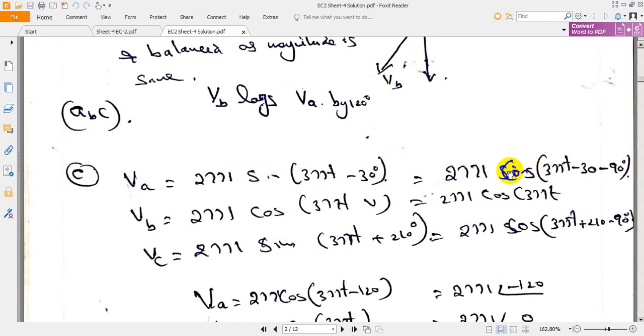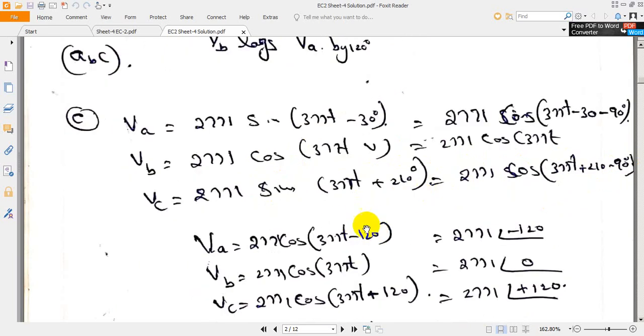So I will write this cos, and it will change to 377 cos (omega t minus 30 minus 90). To change this sine to cos, add minus 90. When we add this, it becomes 277 cos(370 minus 120), then 277 cos 370, as it is in cos, we are not touching this.